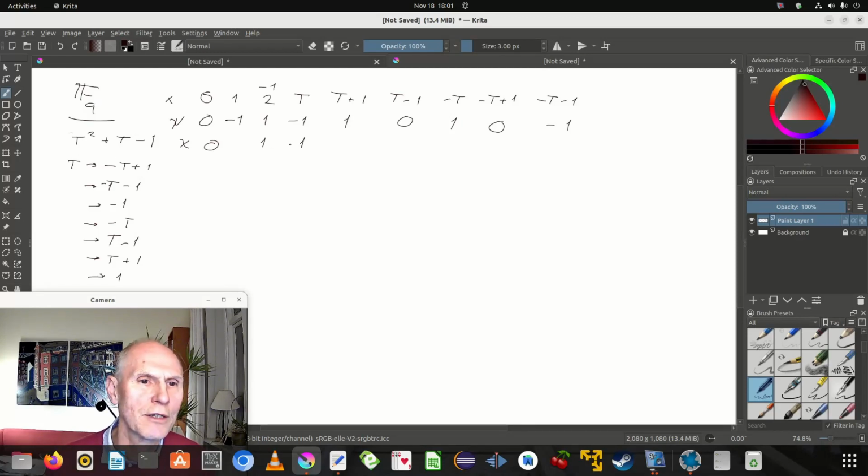T is a generator, so it goes to minus 1, minus t plus 1, minus t to minus 1, minus 1 to minus 1. Now that's a square, isn't it? Minus 1, 1, minus 1, 1. Yes. Minus t minus 1, t minus 1, plus 1, t plus 1, minus 1. All righty. And then the product.